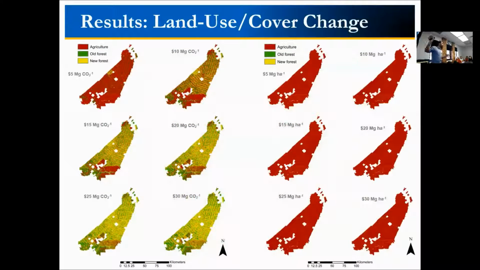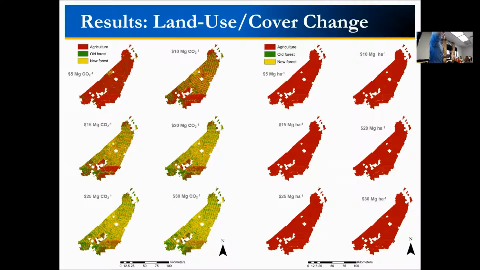Those are all the results that we have playing with those policy scenarios, those payment scenarios. We can see that when you're offering to pay $5 per ton of CO2, you still have a lot of agriculture going on. And when we move to $30, we basically have no agriculture happening.